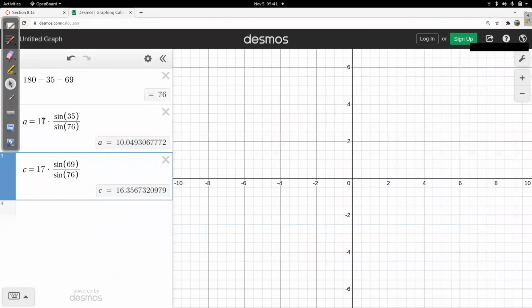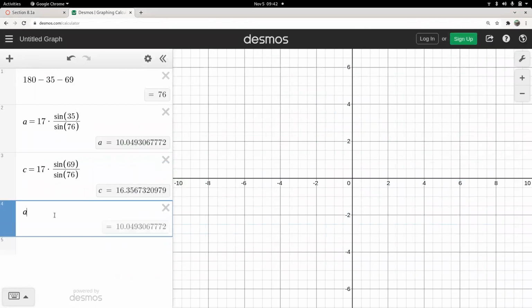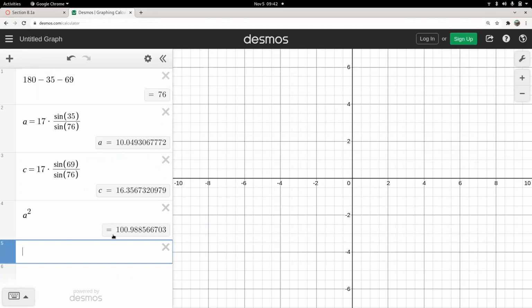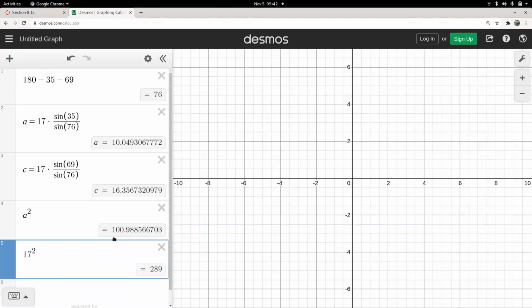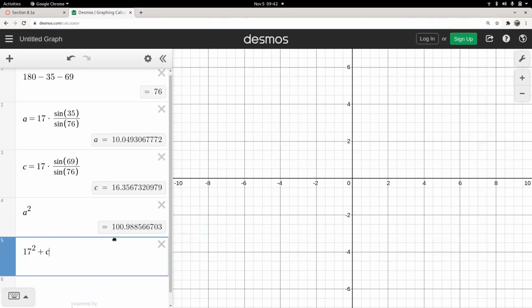All right, so I've entered A and C here, so I could just use those. So I'm focusing on A, so I'll write what's A squared, and I get it's about 100, right? So A was 10. And then the other side said to take the B squared. Well, B was 17, so I can just type 17 squared plus C squared, and I have C above, so I can just type C squared.